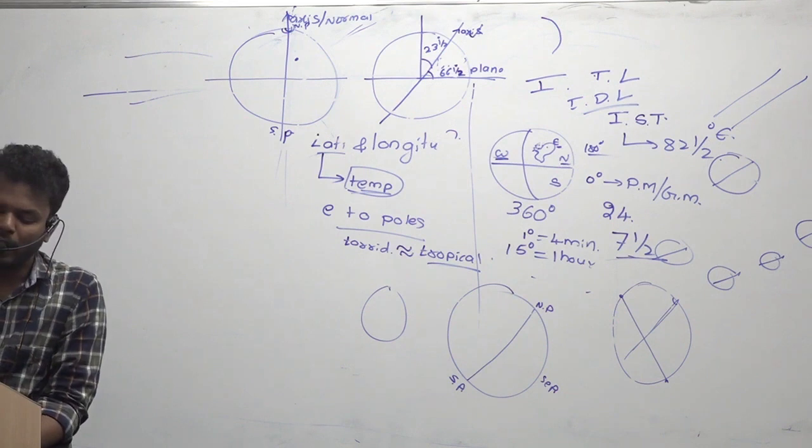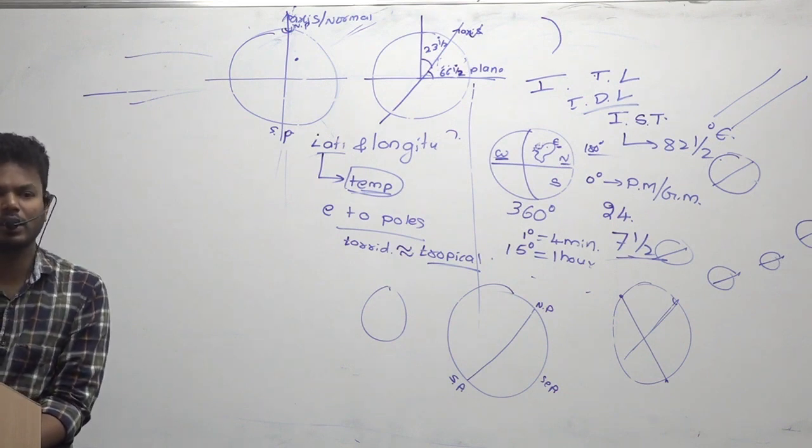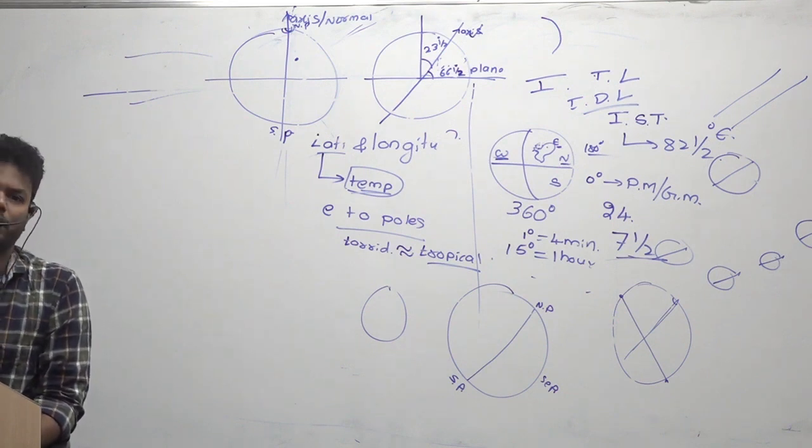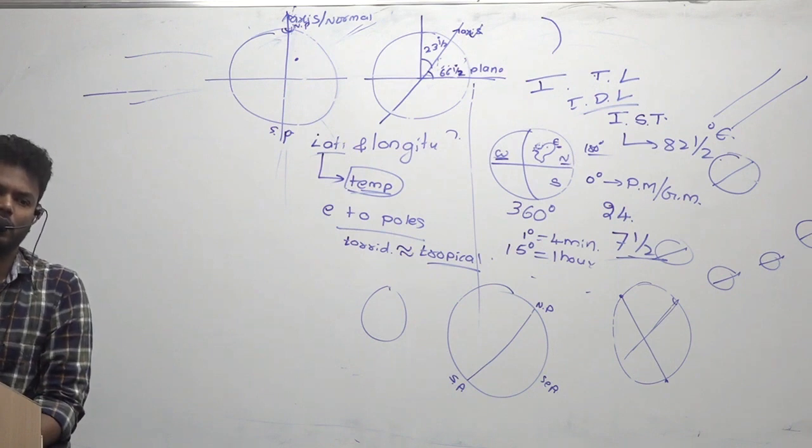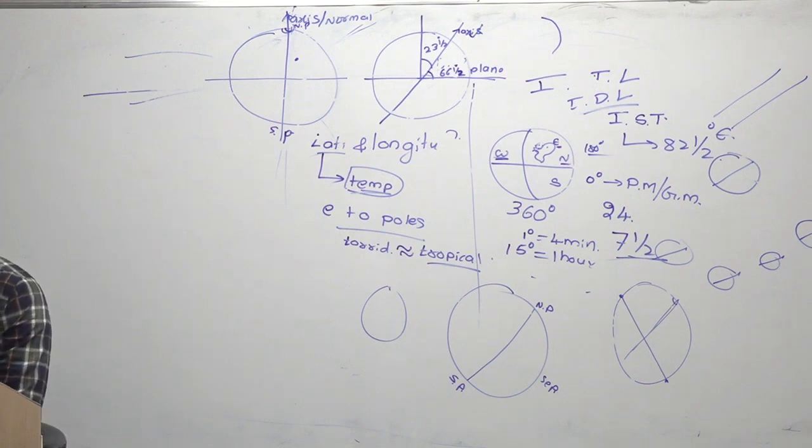Next. Beyond 66.5 degrees, sun will not be above the horizon.